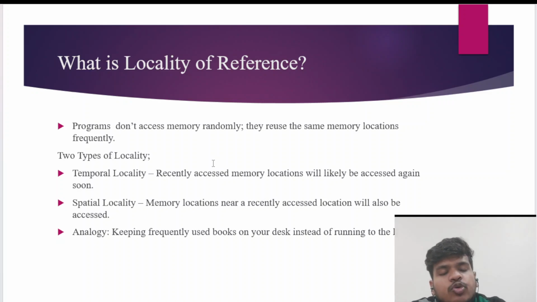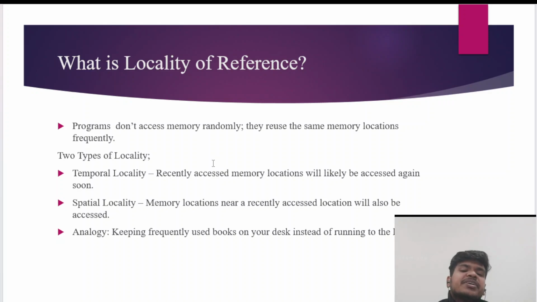Programs do not access the memory randomly. Instead, they reuse the same memory locations frequently. This behavior is called locality of reference. We have two types of it. Firstly, temporal locality. It means that if a memory location is accessed once, it will likely be accessed again soon.